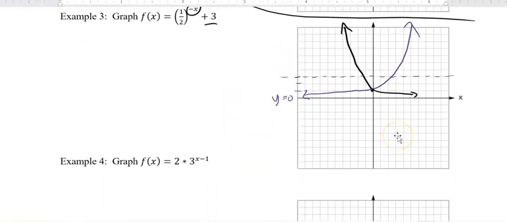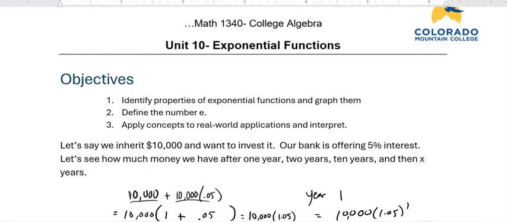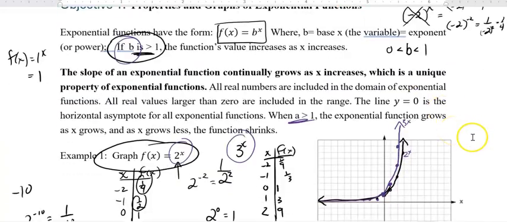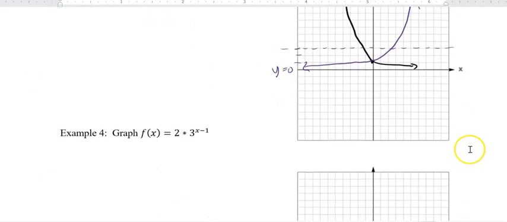This would be the point 0.4 instead of 0.1. 1.5 instead of 1.2, and then 2.4.